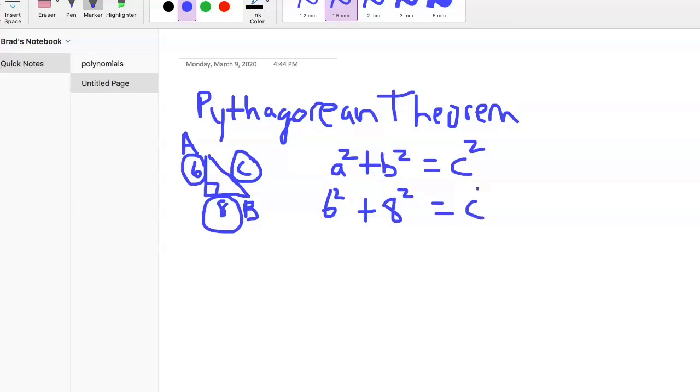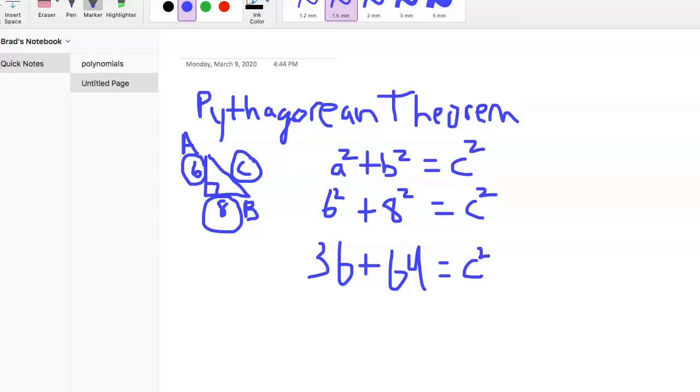Equals c squared. Okay, then 6 squared, 6 times 6, is 36. 8 squared, 8 times 8, is 64. Equals c squared.